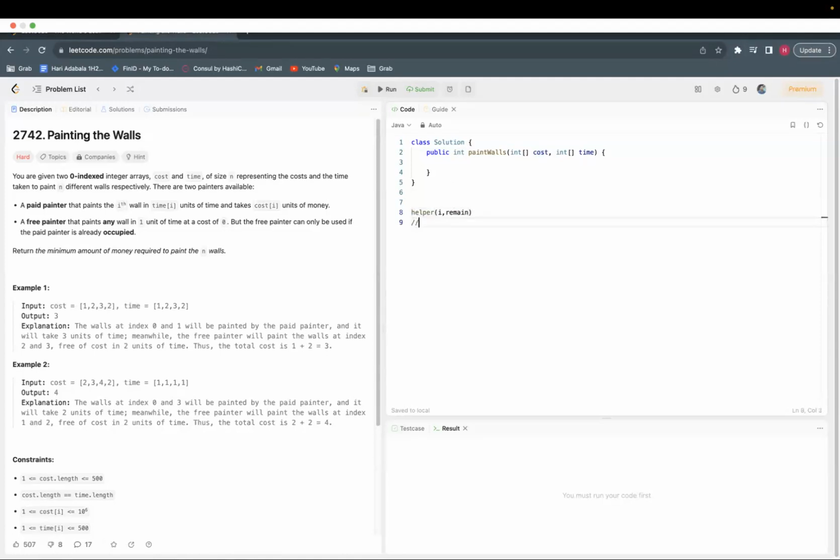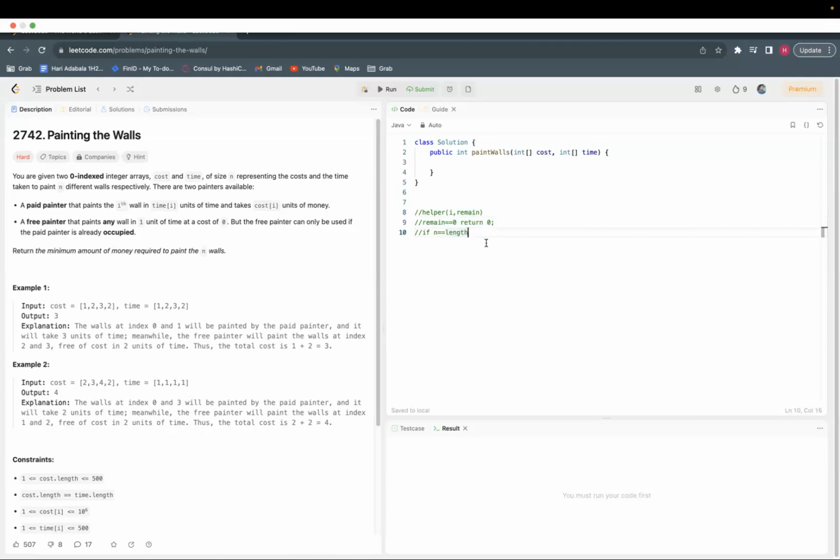In this helper function, we will check for the base case. The base case will be, if n is equal to length, I mean, if we have crossed the index, and before that, if the remaining is 0, then we need to return 0, because if there are no walls left, then it's fine.